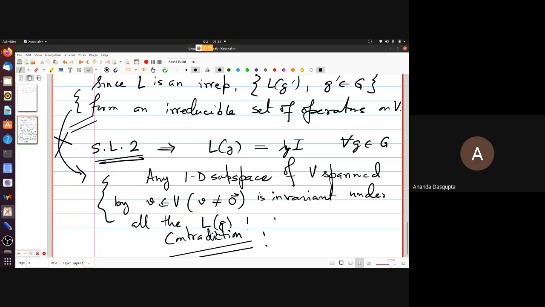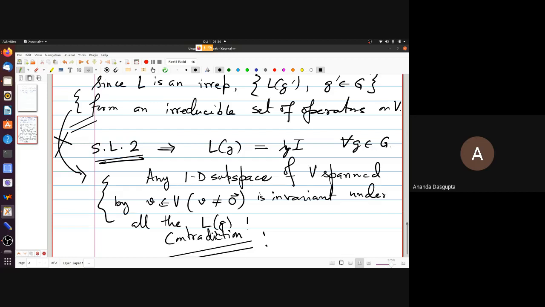And we get a contradiction because then we will be able to find a non-trivial subspace which is invariant under all the L_g's, which means that you cannot have an irreducible set of operators. Is that clear?